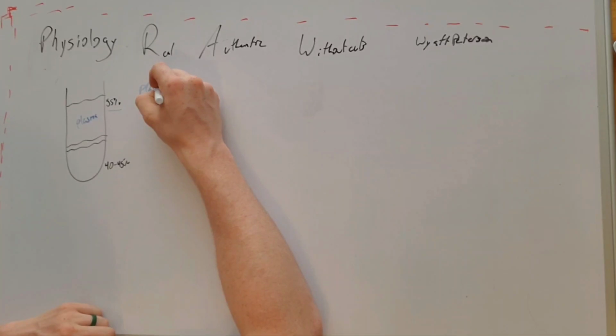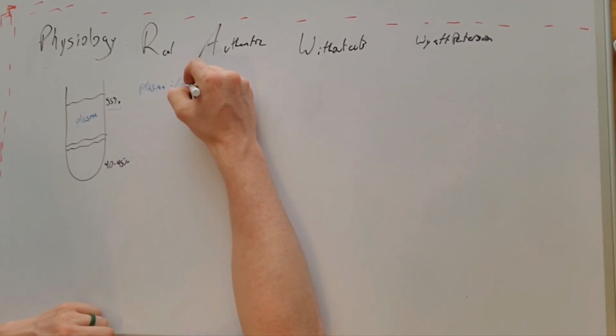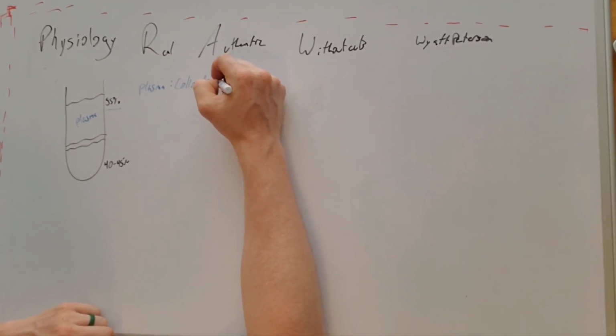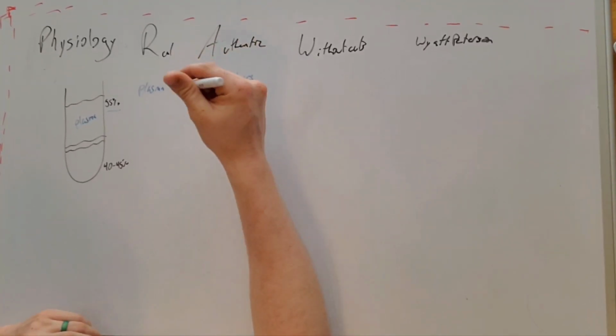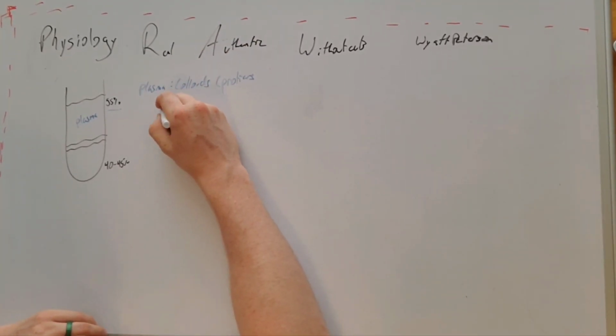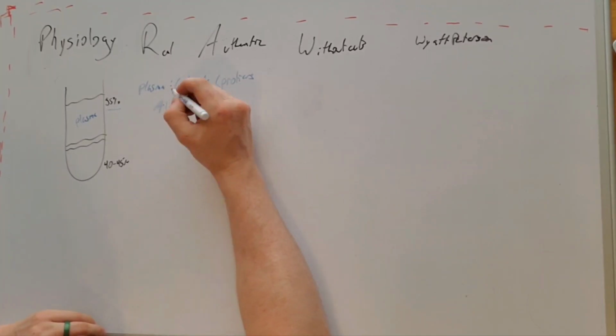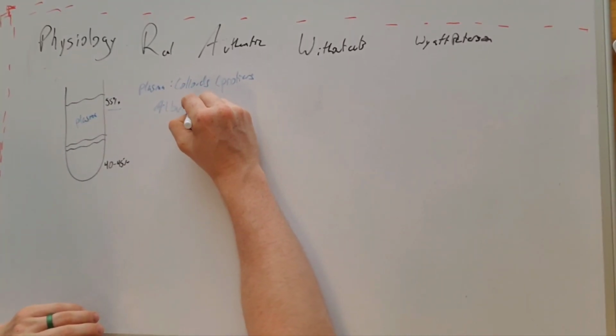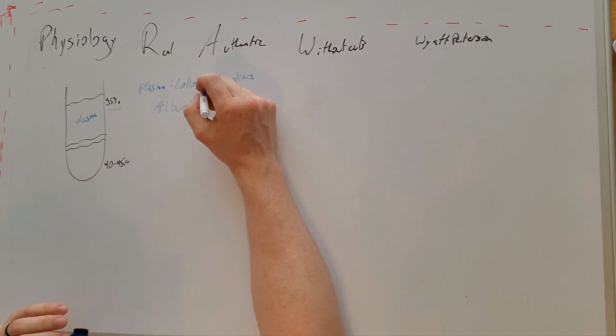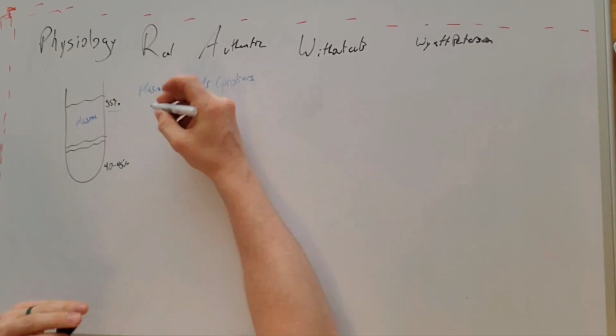So plasma has colloids, which are proteins. The protein in the highest concentration is albumin, which makes up about 60%.